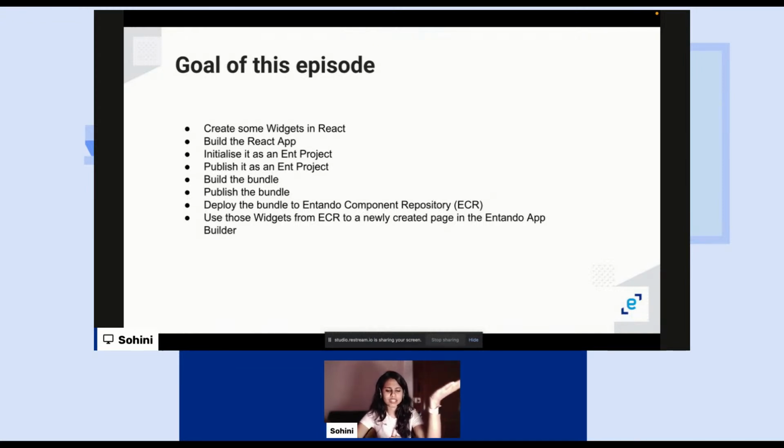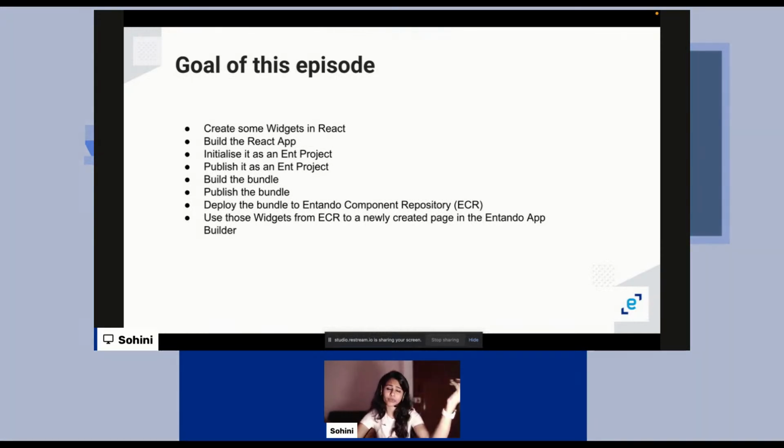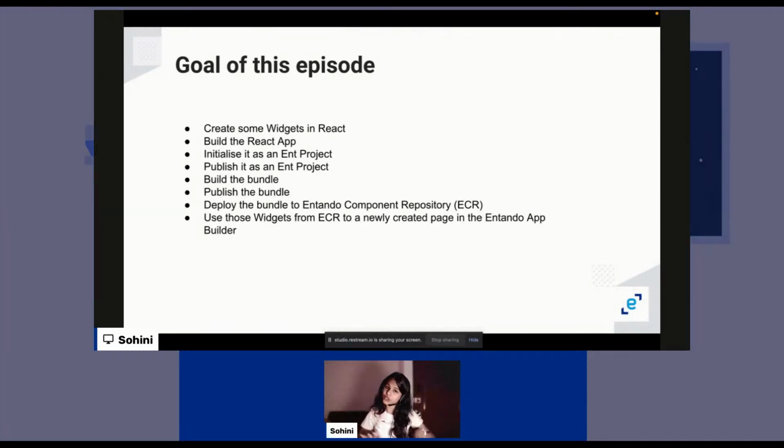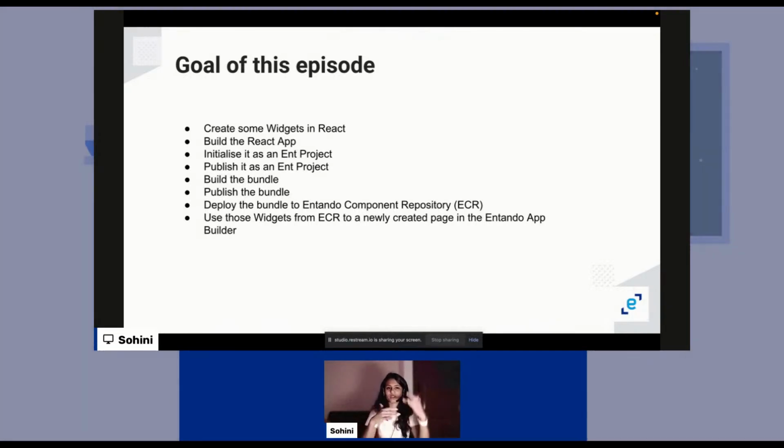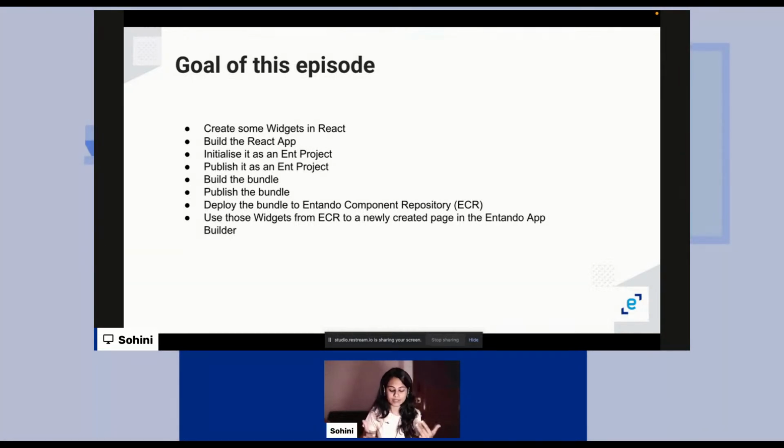Actually, it's a bit difficult to build all those things and then do it on a stream, because it's usually a lengthy process. That's why I preferred to show you how you can do it instead of actually writing code for building those micro front ends, because you can always do that. You can definitely go and create a React app. Inside the React components folder, you can create 2, 3 components.